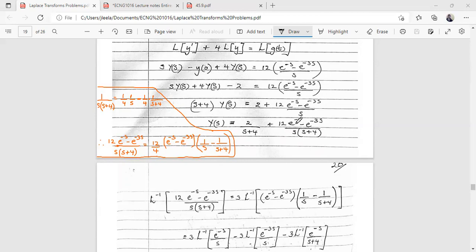So what you do here, the part with the e to the minus s and the e to the minus 3s cannot be part of the partial fraction. So you just take 1 over s into s plus 4, right? And then after we will multiply it by the 12 e to the minus s. This should have a bracket around it, as well as this.